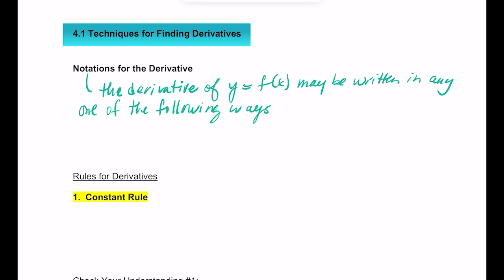One way we can represent a derivative is by writing f with an apostrophe. That apostrophe is called prime. So you would read that as f prime of x.